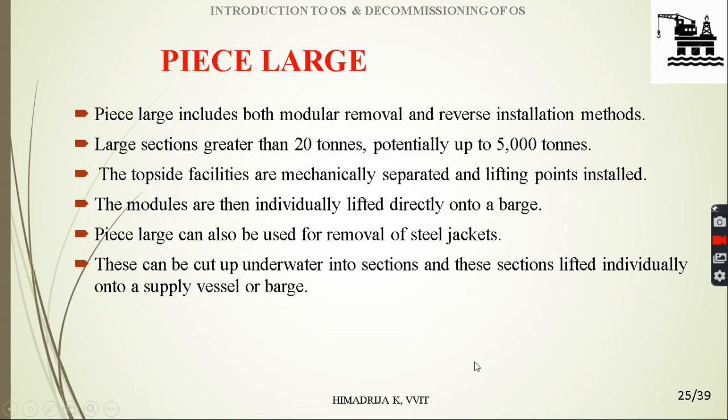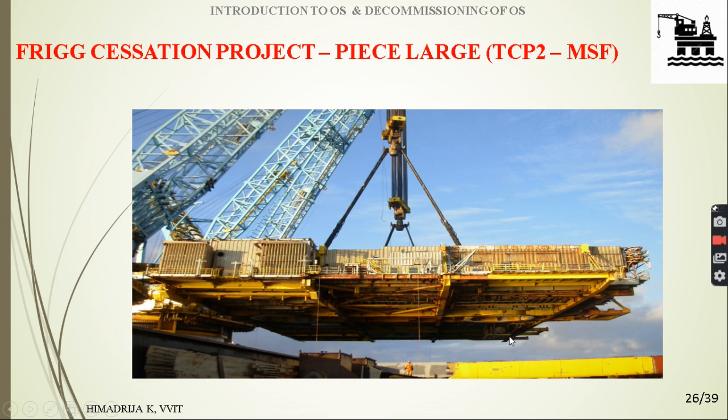These are used for the lifting of steel jackets, taken in different modules of these portions of offshore structures, taken away and lifted onto barges for further transportation to the next site.